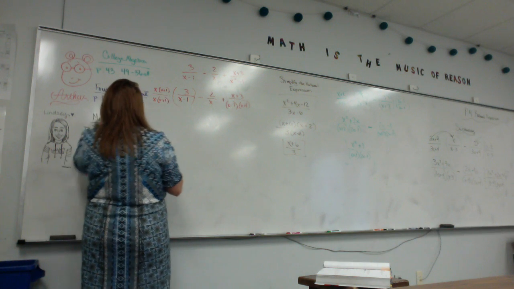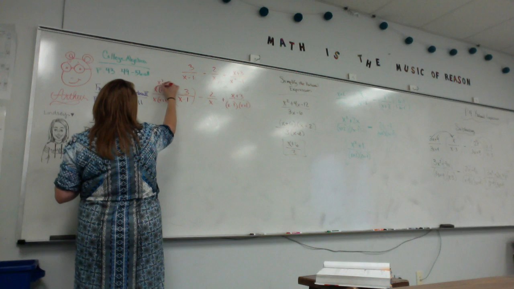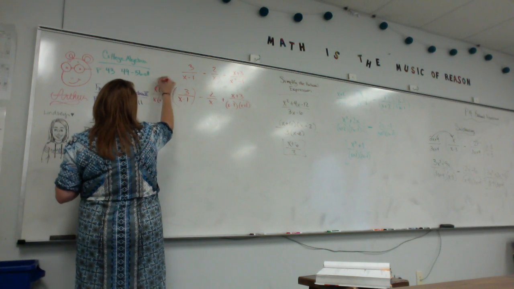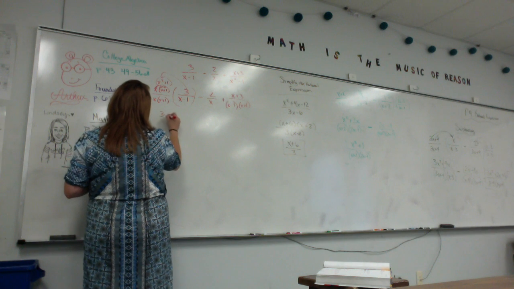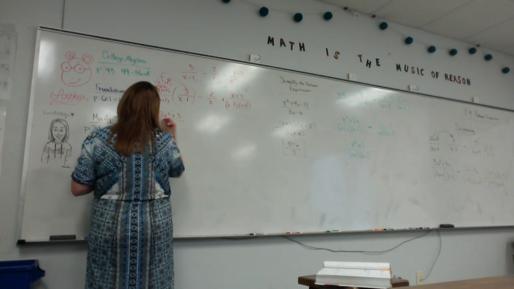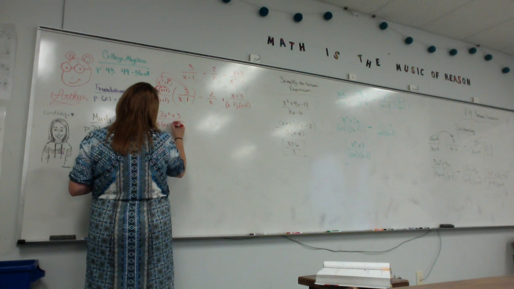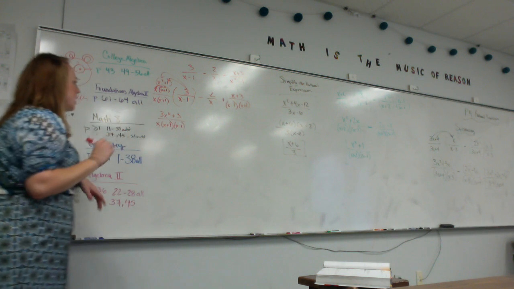So if I do that, I'm going to FOIL this in so that I can factor this easier. So that you get 3x plus 3 over x plus 1, x minus 1. That part's taken care of now.